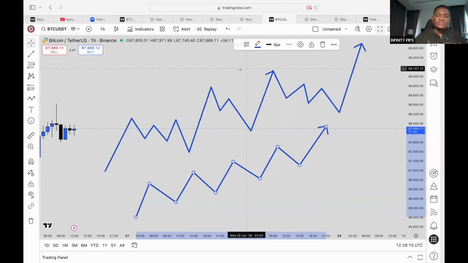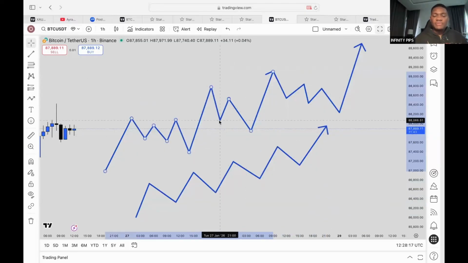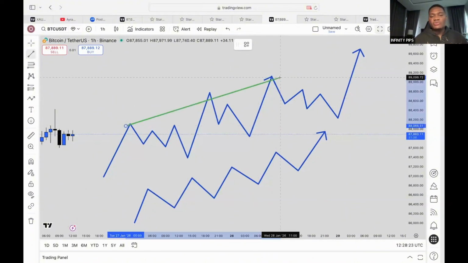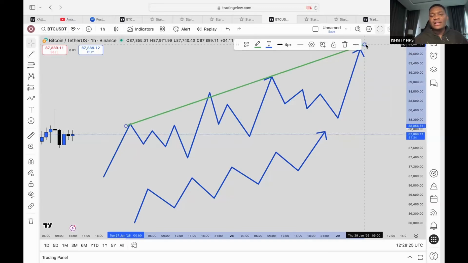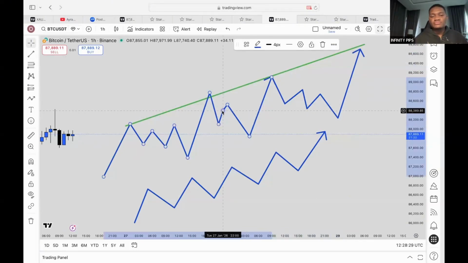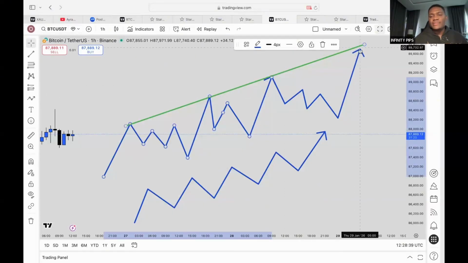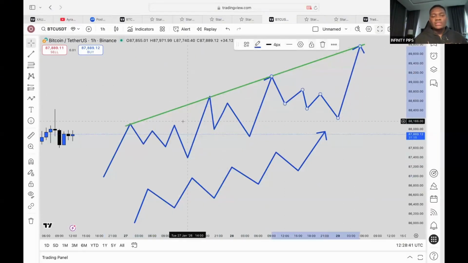So if it's a bullish trend, if it's a bullish movement, right? All this area where my green arrow is touching, all these places that my green arrow is touching, these are regarded as the major highs, right?